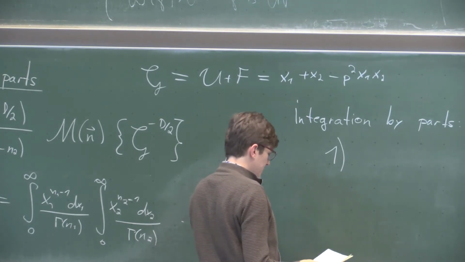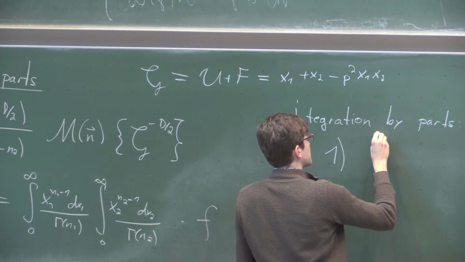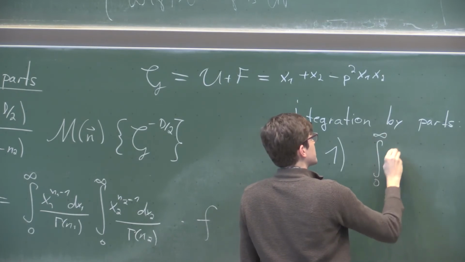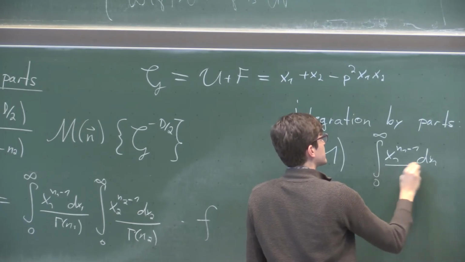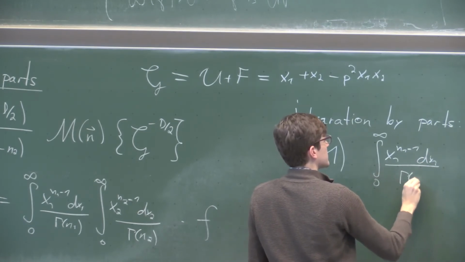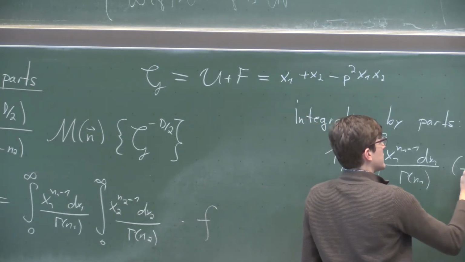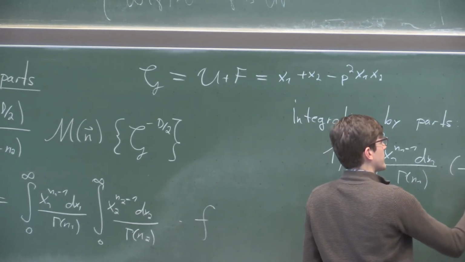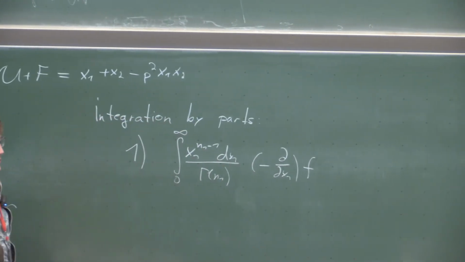What can we do? Look just at the x1 integral, so forget about x2 for the moment. And suppose we have a derivative acting on f. Suppose you have this situation.